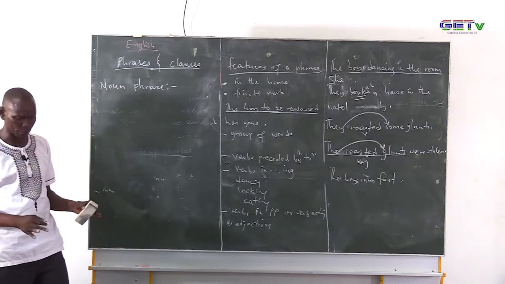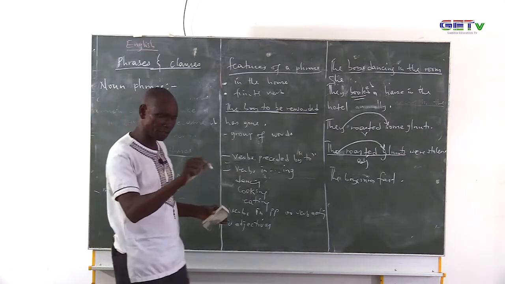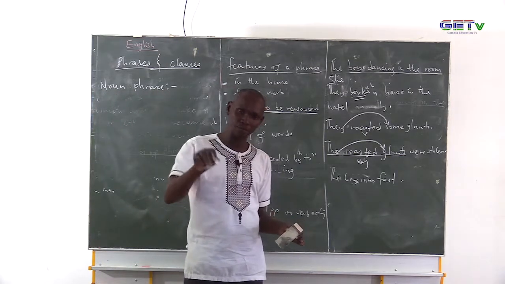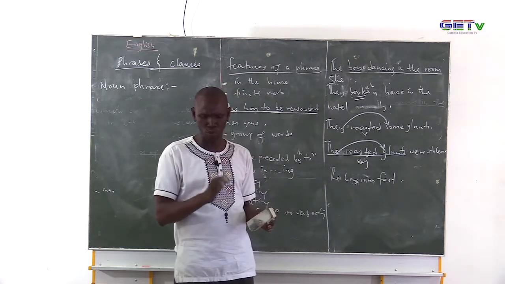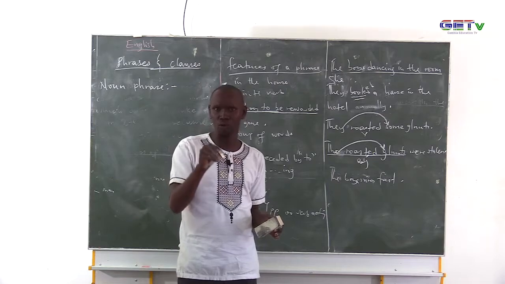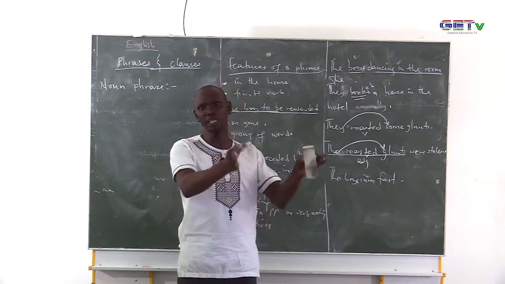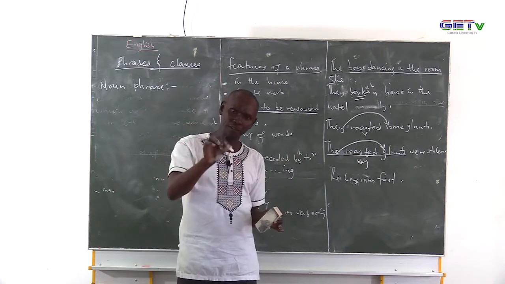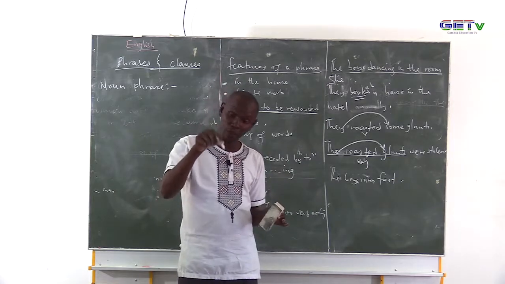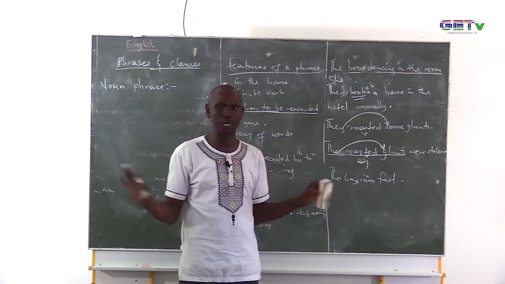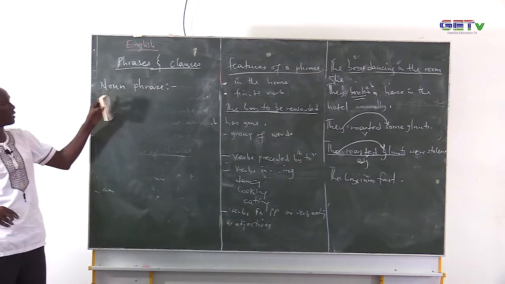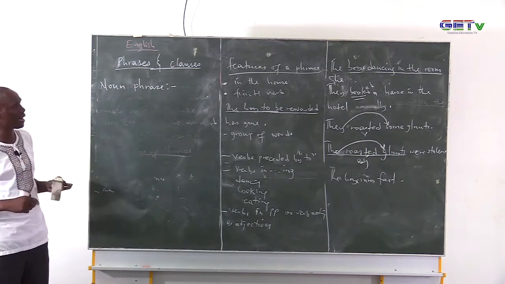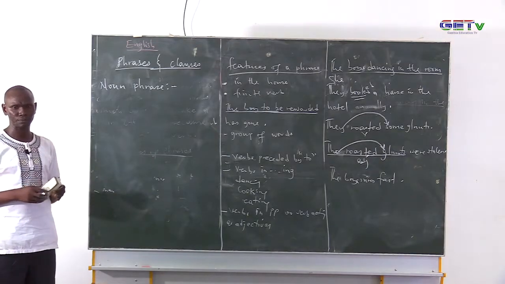Nouns have different roles, adjectives have different roles, and adverbs the same thing. Functionally, if you see two or more words playing the role of a noun, then you call that a noun phrase. If it is playing the role of an adjective, call it adjectival. If it is playing the role of an adverb, you call it adverbial. As simple as that. So now we are coming to start looking at noun phrase. Who will define noun phrase for me?